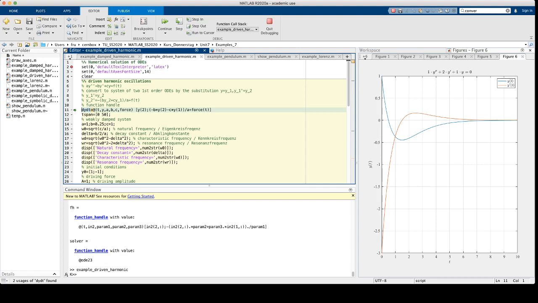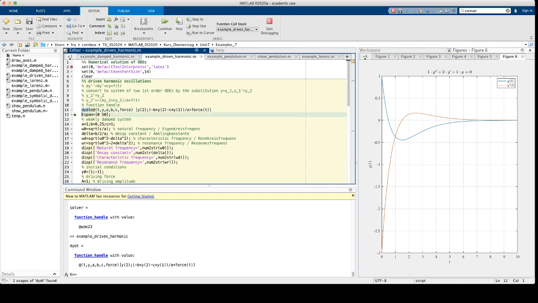The first entry in this vector of functions is the same as before in the last video. The second entry is similar to before. What we have now, we have to add the driving force on the right-hand side of the equation in line 9. So this is all the information for the solver.